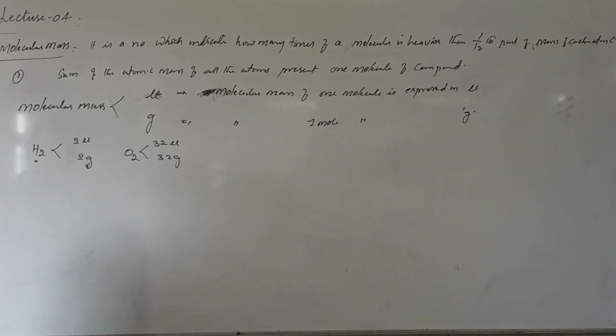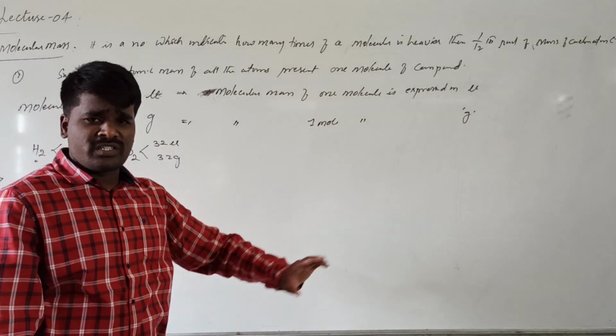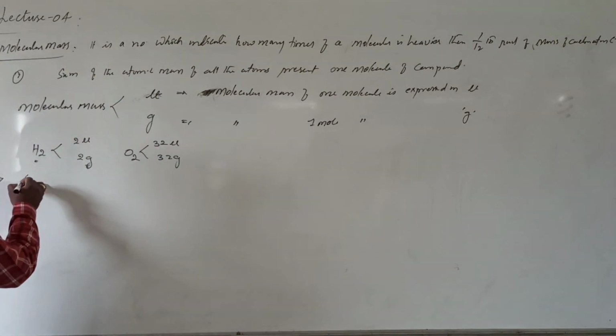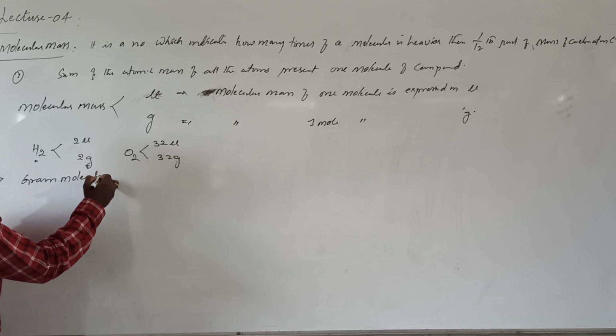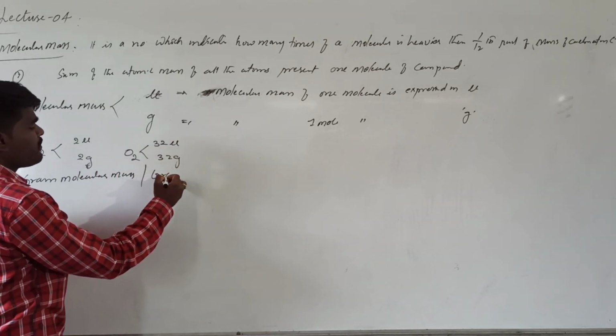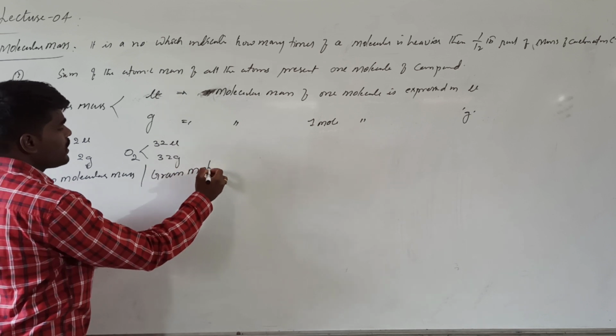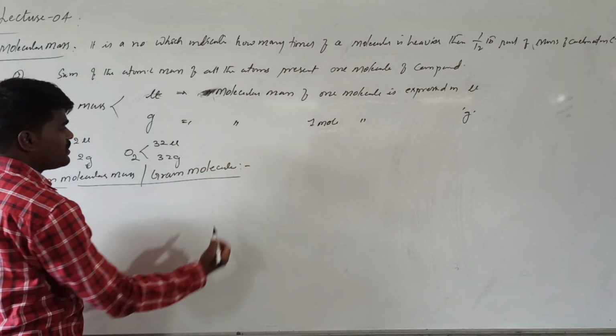Right? This mass of 1 mole of any molecule expressed in grams is generally called gram molecular mass. What do you call it? Gram molecular mass, and it is also called gram molecule. What is meant by gram molecule?